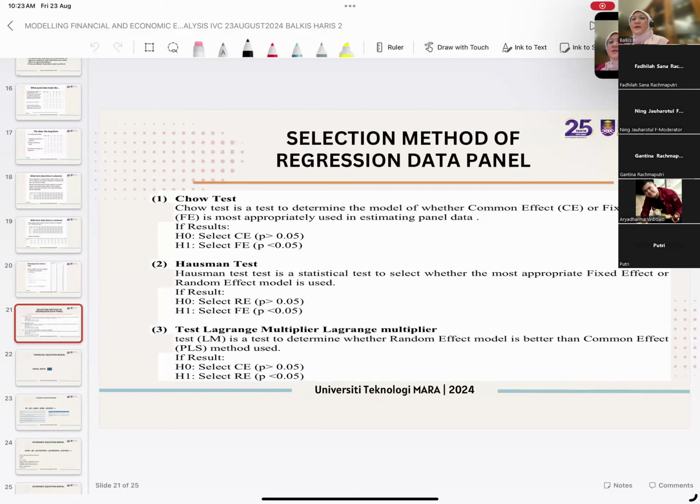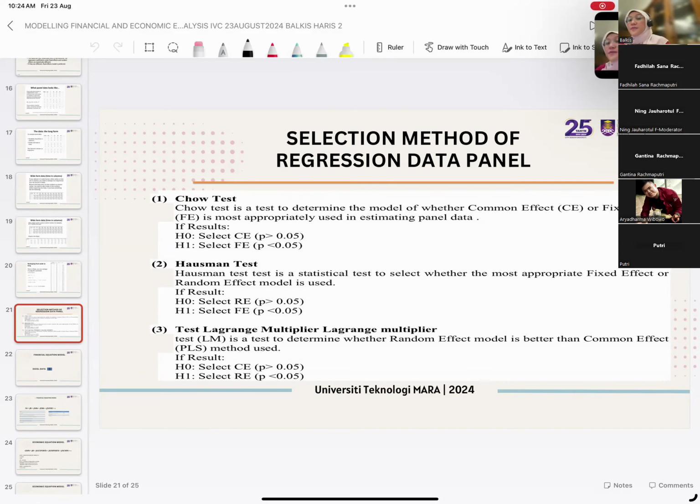All right. There are several selection methods of regression for the panel data. First, when we want to select between OLS or fixed effect, we can use the Chow test. When we want to select whether to use fixed effect or random effect, we use the Hausman test. And when we want to determine whether to use random effect or common effect, the PLS, we use the Lagrange multiplier, the LM.